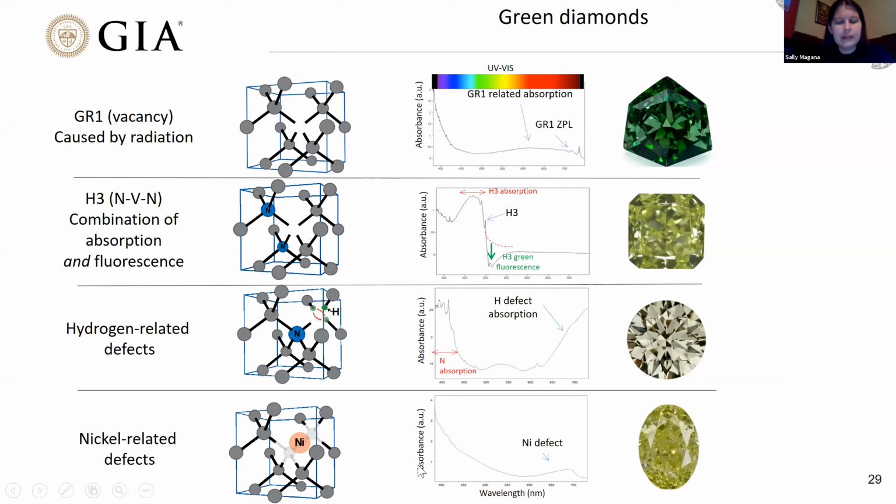Similarly, nickel is a huge atom compared to carbon, but it still can't go into the diamond lattice, and it can create absorption also in the red to near infrared. That is also flanked by nitrogen-related absorption in the blue that gives a transmission window in the green. So there are several different possible ways that we can get green color in natural diamonds.